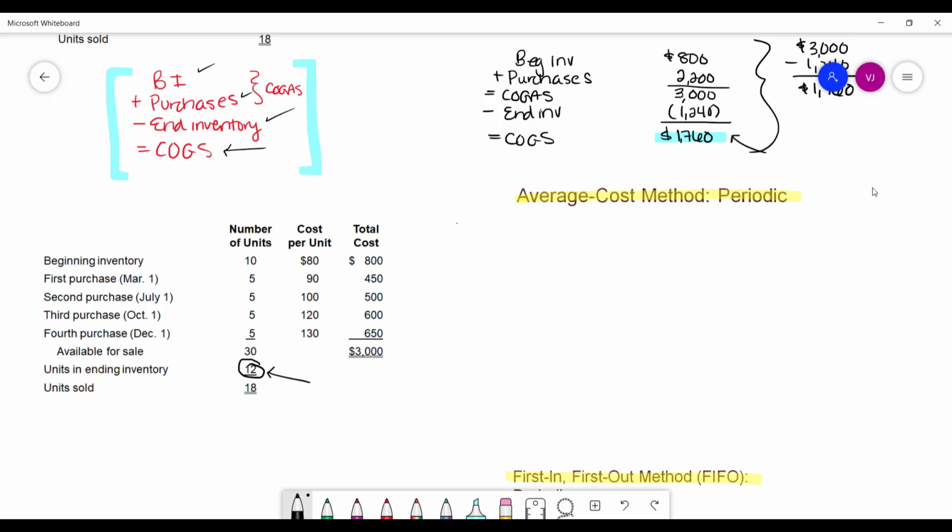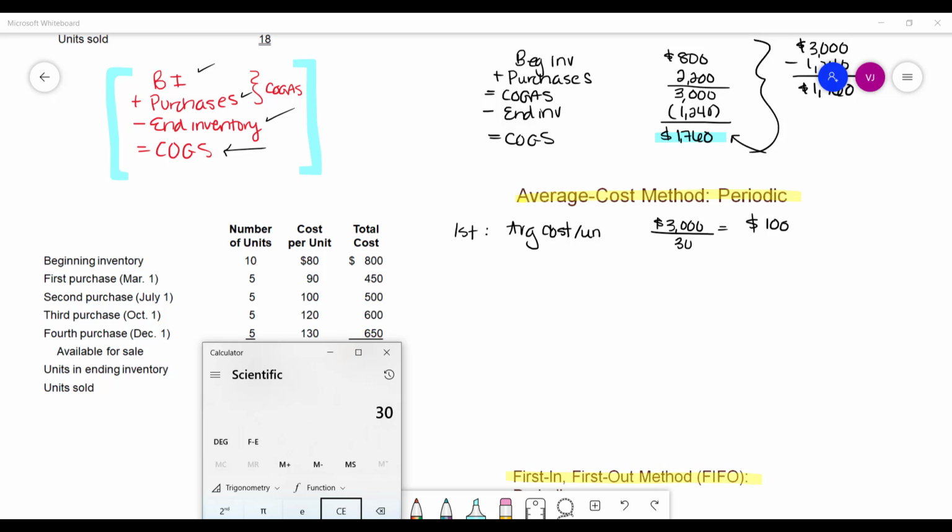So remember, first step under this method is to find your average cost per unit. So the total cost that we have available here was $3,000. Divide that by the units available of 30 units. So the total average cost per unit here comes out to $100. So we would take the 3,000 divided by 30 as $100.